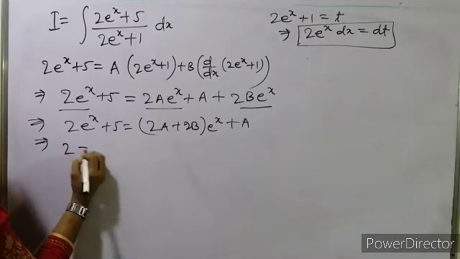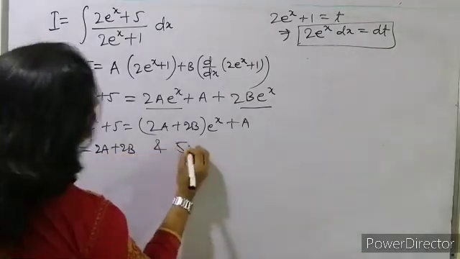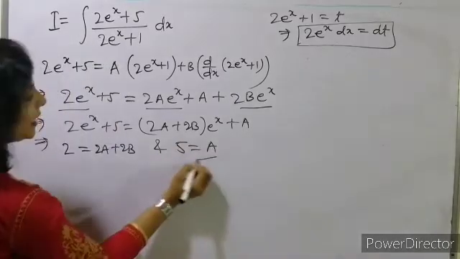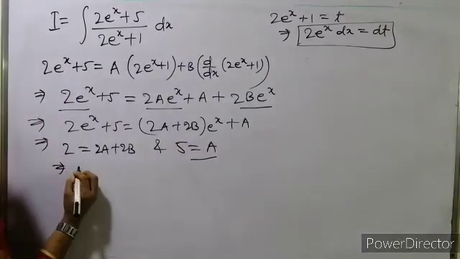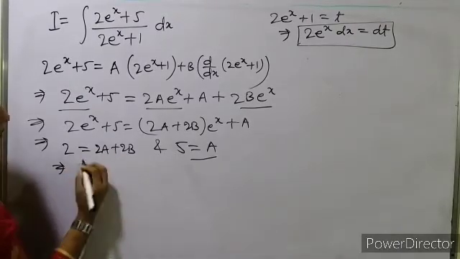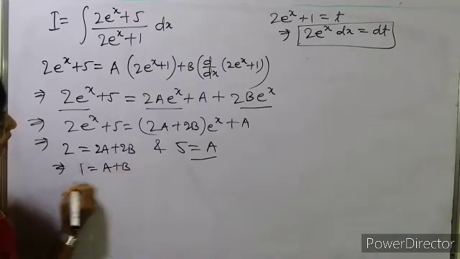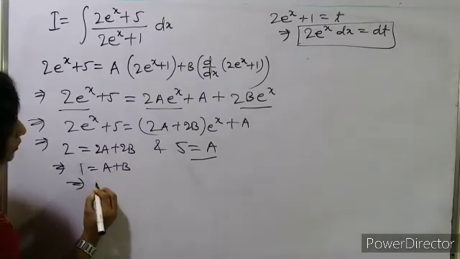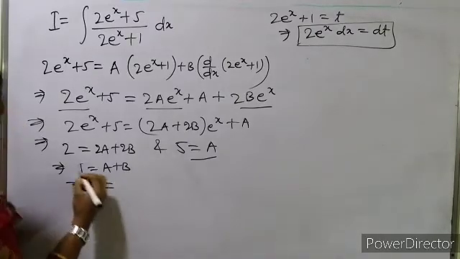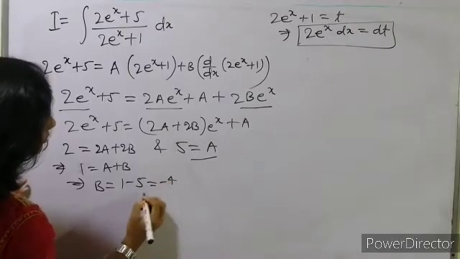Now 2 should be equal to 2a plus 2b, and 5 should be equal to a. मतलब a का value is 5, and this 2, okay, 2 हम रिमूव कर डिवाइड करेंगे तो 1 इज इक्वल टू a प्लस b. सो a का वैल्यू इज 5, सो b शुड बी इक्वल टू 1 minus 5, so minus 4.